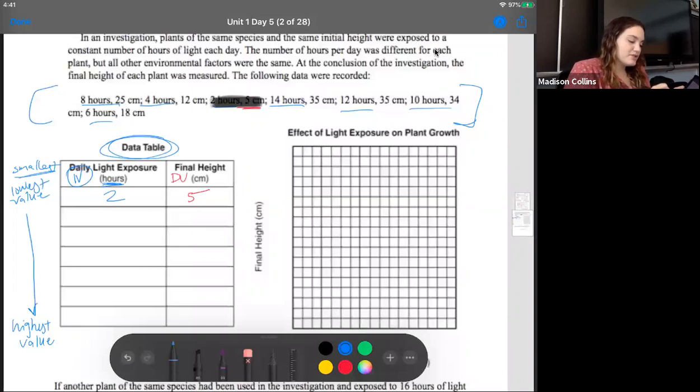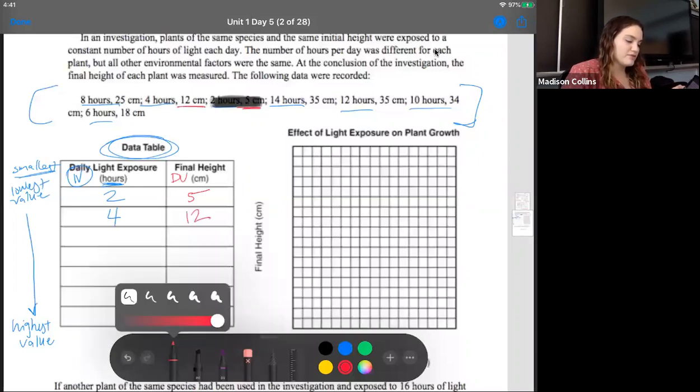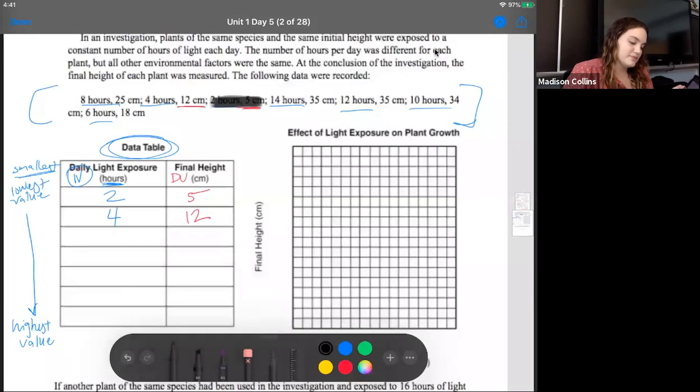So remember, we need to do this in increasing order. So we're starting with the lowest values and working our way up to the highest values. So after 2, our next biggest value is going to be 4. So we're going to fill in 4 hours right here. And we see that 12 centimeters is the value associated with 4 hours. So now we can cross that one out.